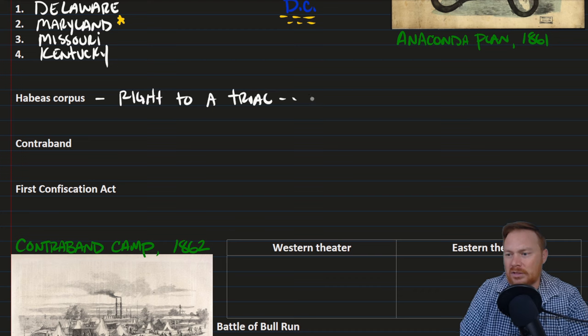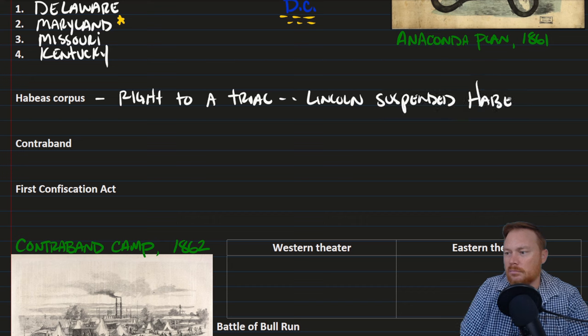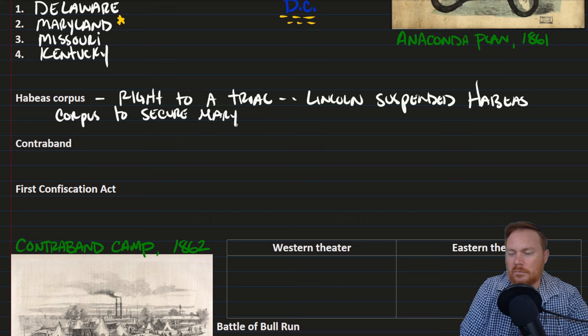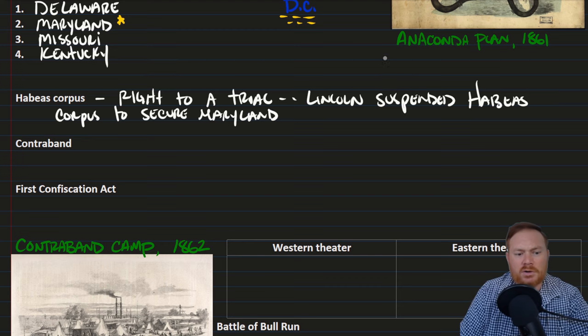And so Lincoln will say suspended habeas corpus to secure Maryland. And this was to make sure that Maryland would fight on the side of the Union.